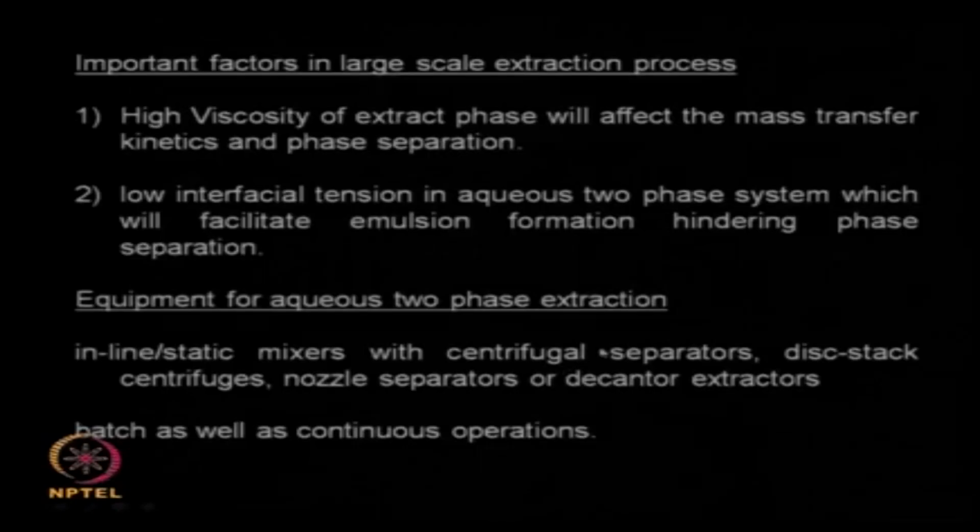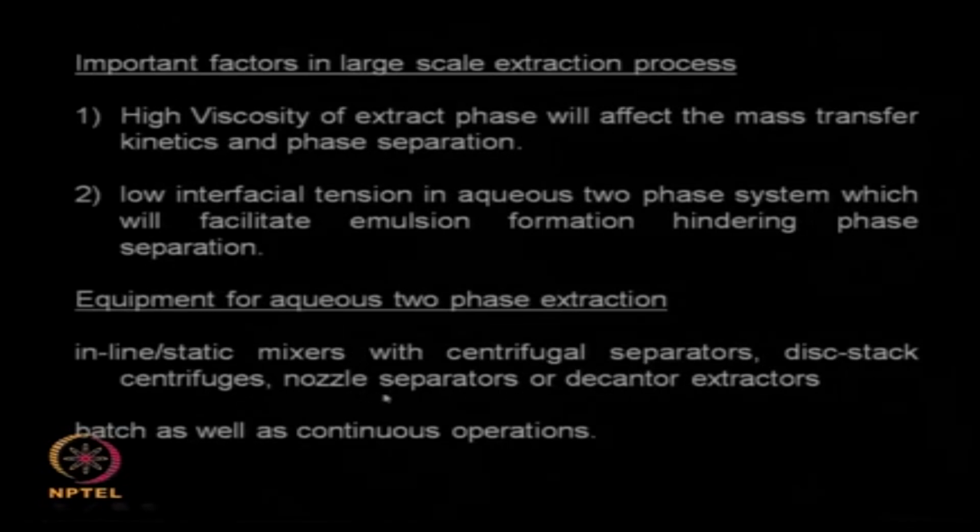Once you mix them, you use centrifugal separators, different types of centrifuges. We talked about different types of centrifuges. You can use a disc stack centrifuge, nozzle separators or decanter extractors and so on.